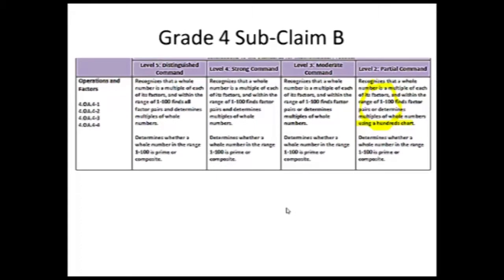I wanted to share some other topical areas for subclaim B. Measurement and conversion, where you have to find missing side lengths for calculating area and perimeter, as well as understanding the measurement units within one system to solve word problems. So we're converting, for instance, between kilograms and grams, but I'm not converting across systems.